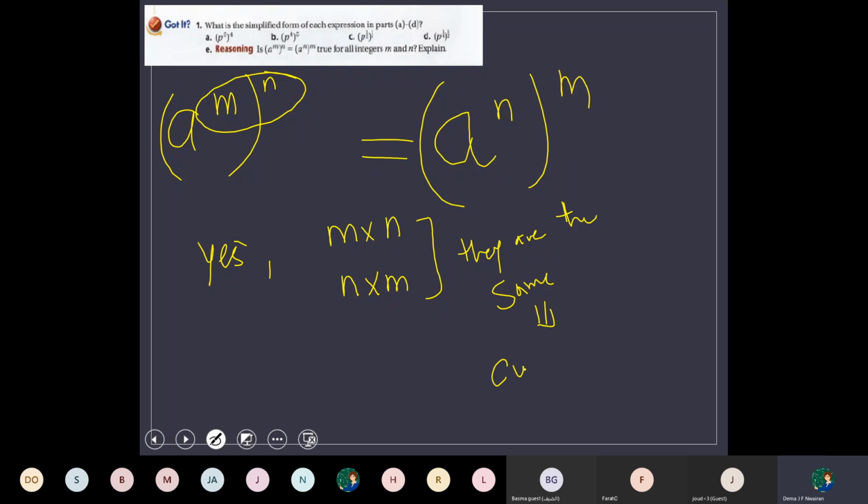Because of the commutative property of multiplication, if I exchange the order, I will get the same answer. So a to the power m raised to the power n is equal to a to the power n raised to the power m for all integers, if they are numbers or if they are factors.